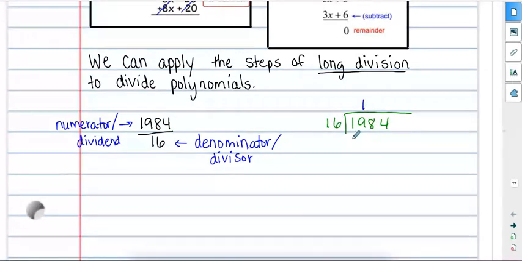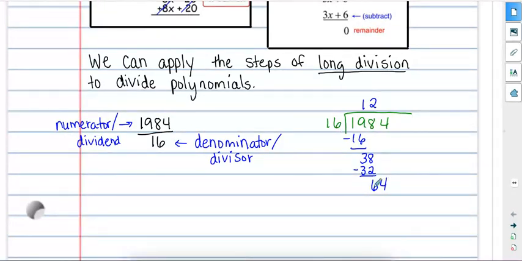So 1 times 16 is 16. And then when you subtract, you get 3. Bring down the 8. And then 16 into 38, it goes in twice. So we put the 2 above the 8, right? 2 times 16 is 32. The difference is 6. Bring down the 4.